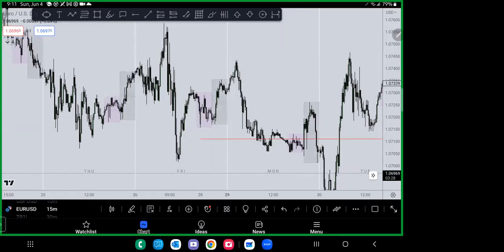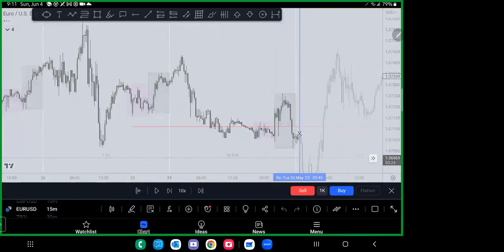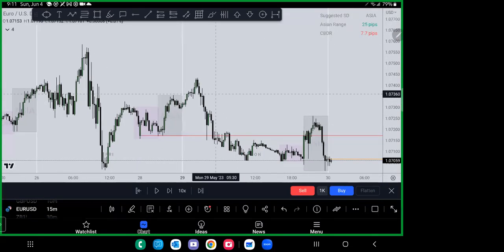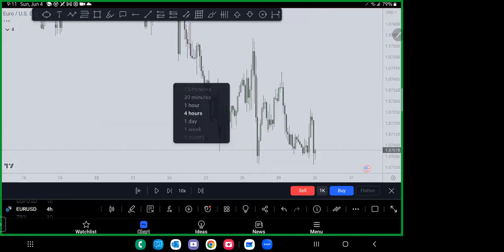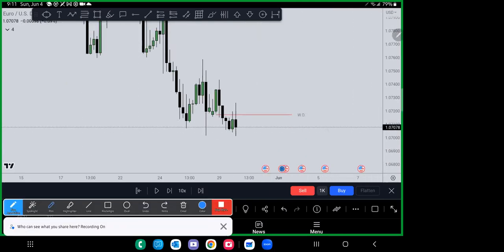Perfect. Good. All right. So let's look at the current range, and I want to outline the PD arrays. If this is my range, I'm looking at this range of price.